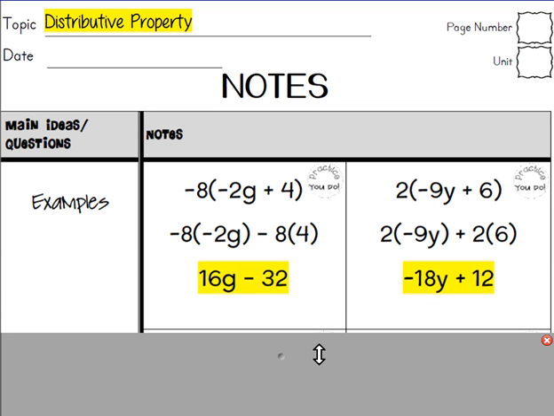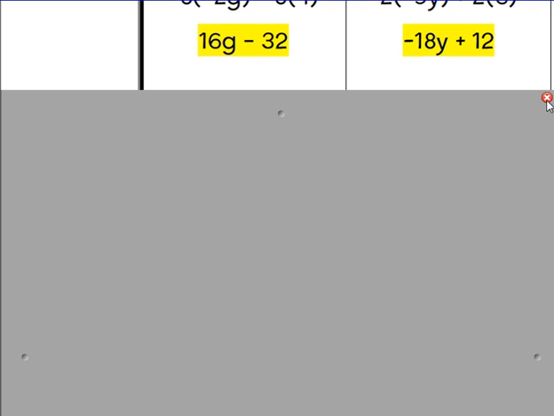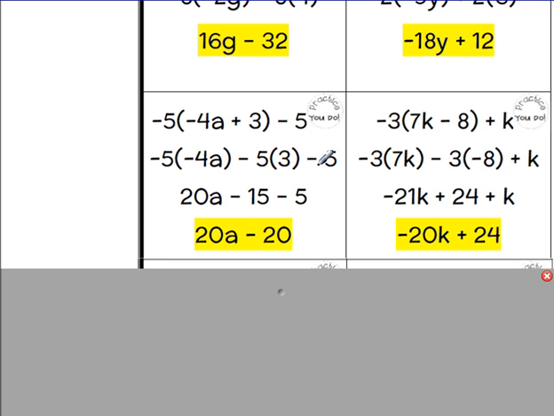So on the you do problems, the first two, you should end up with 16g minus 32 and negative 18y plus 12. So make sure that you have accurate notes, and if not, go back and make corrections. On the middle two, you should end up with 20a minus 20 and negative 20k plus 24.